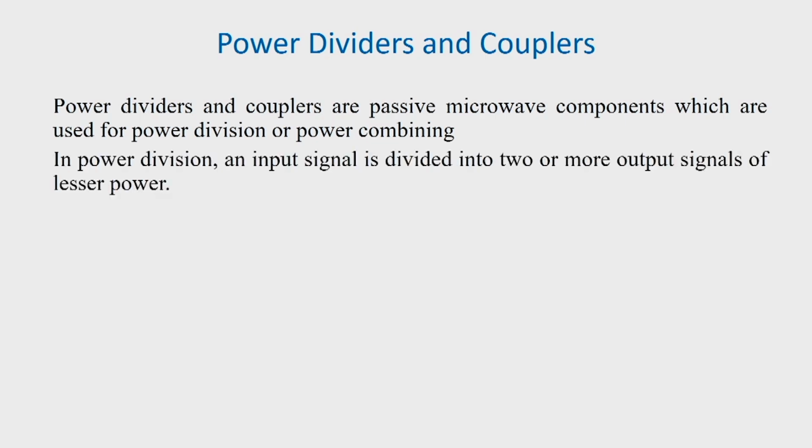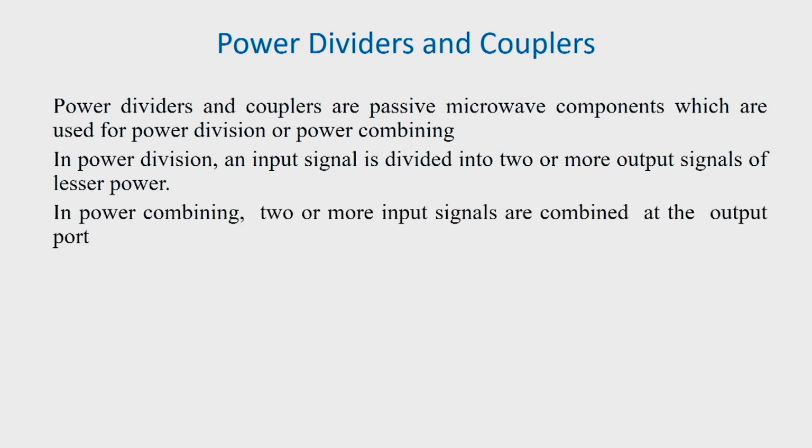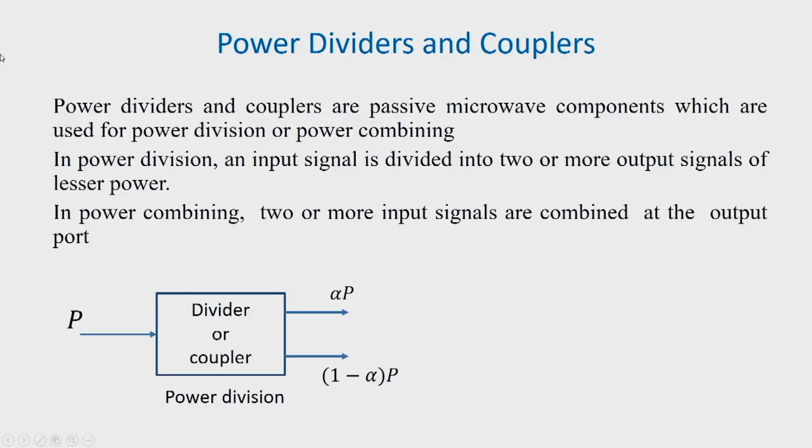In power division, an input signal is divided into two or more output signals, and each signal will have lesser power, whereas in power combining two or more input signals are combined at the output port of the combiner, and this figure shows the power division.